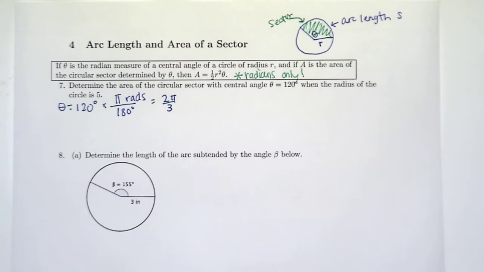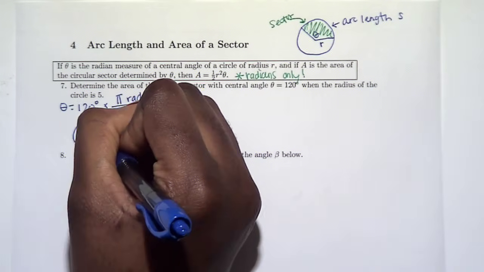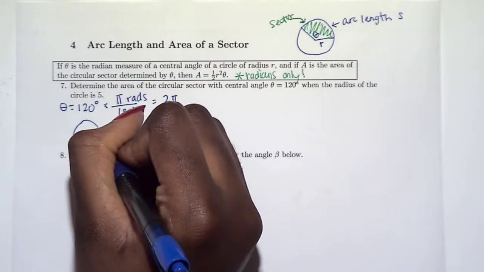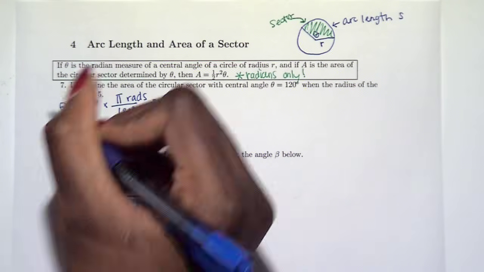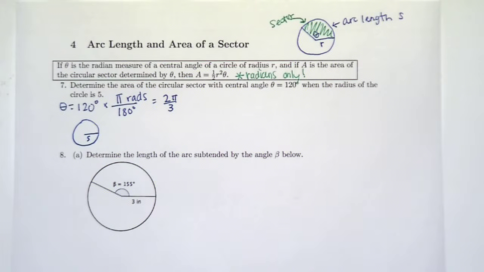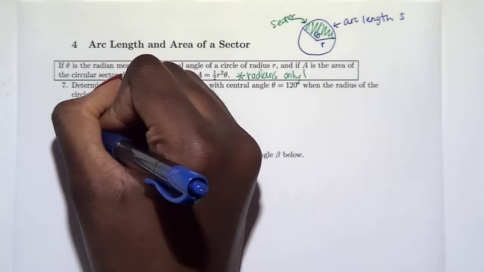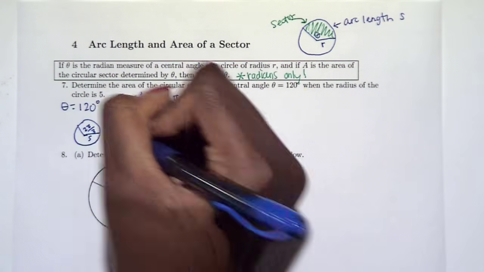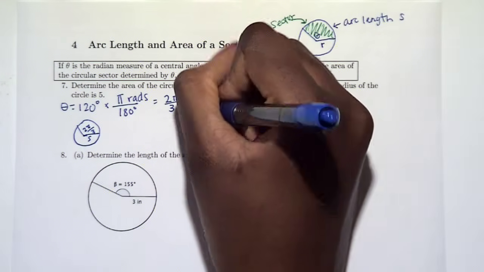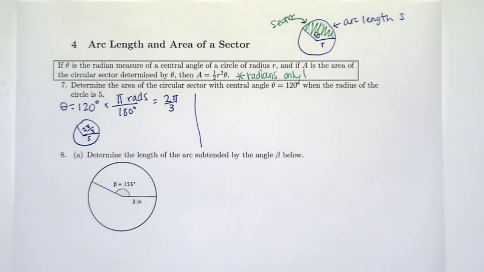All right, so what do we have here? So we have a circular sector. The radius is 5. And this angle in here is 2 pi over 3. And so now we have everything we need to find the area of that sector.